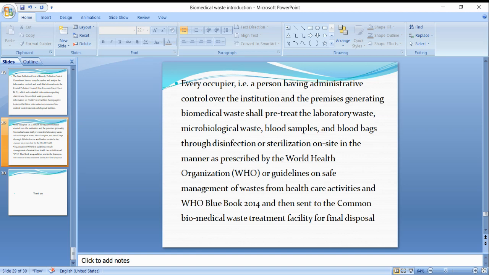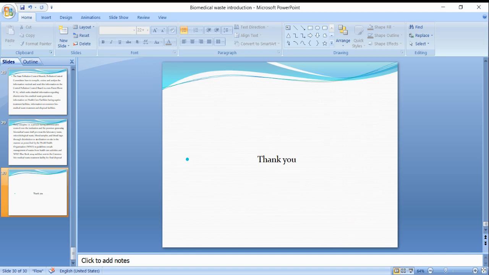So every state and everyone has to follow the biomedical waste rules.